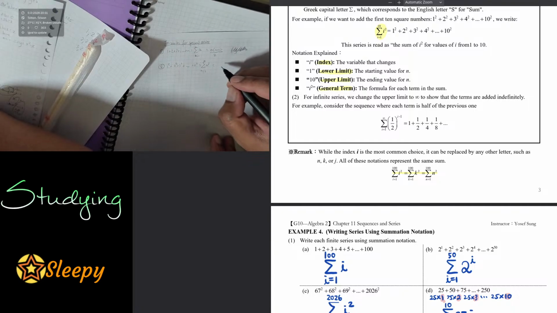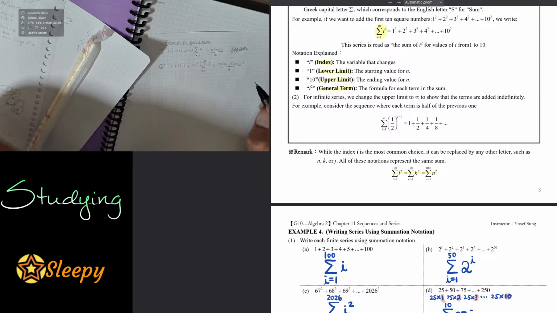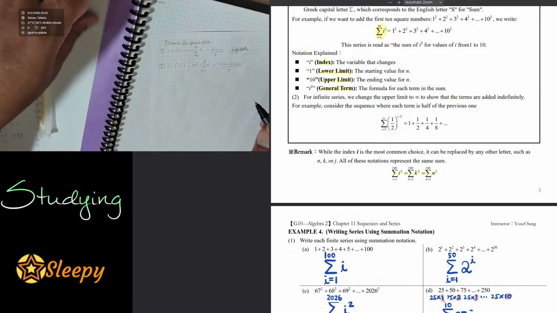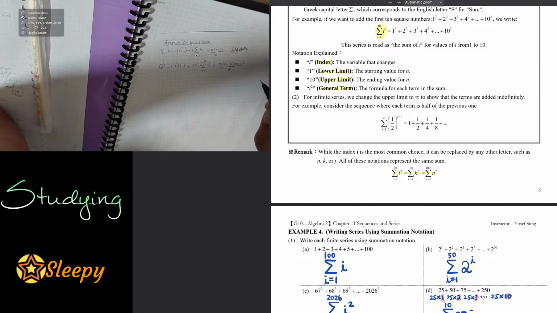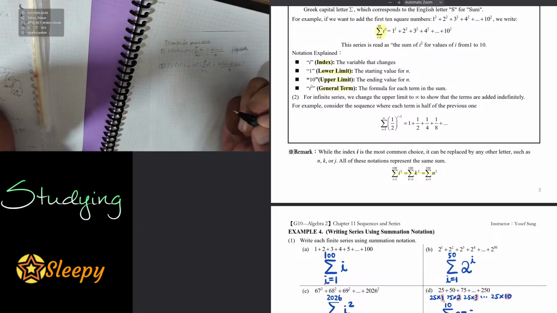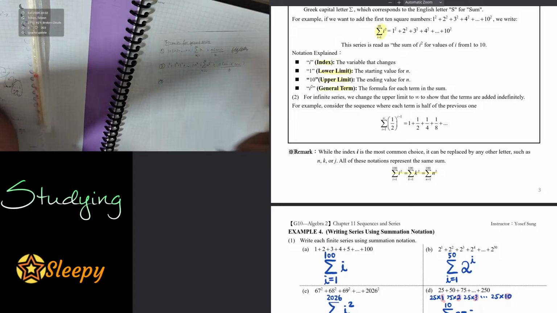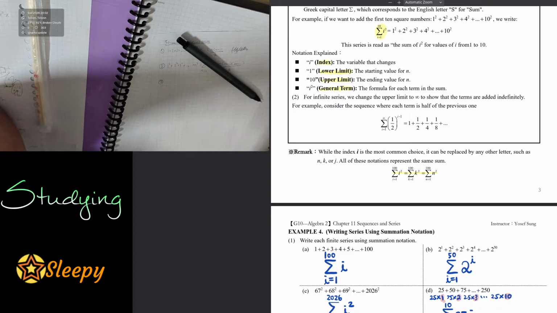Hey, this looks very familiar, doesn't it? 2n plus 1, and then divided by 6 or something. Okay, and the sum of cubes. It looks familiar, doesn't it?